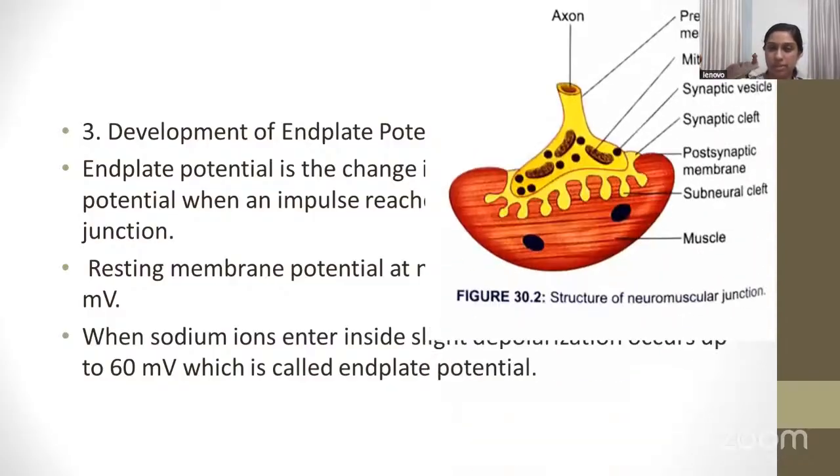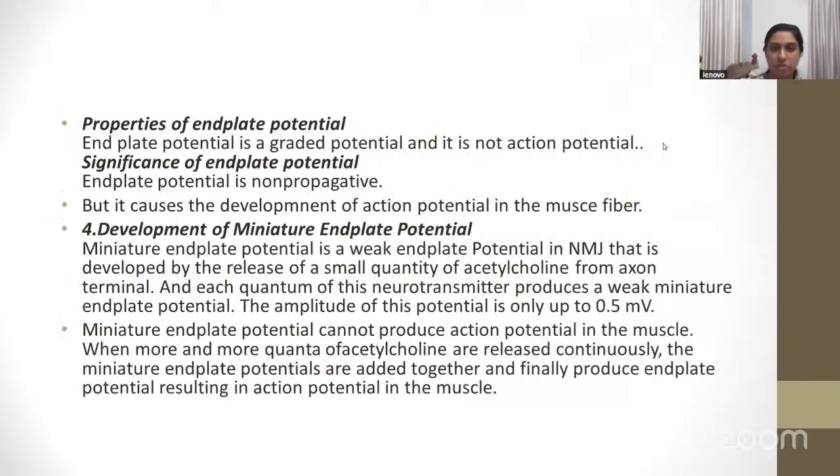We have already discussed this. This is the structure of the neuromuscular junction. So what are the properties of the end plate potential? It's a graded potential. It's not a single action potential. Multiple end plate potentials together make the threshold potential, which will start the action potential. The end plate potential is non-propagative.